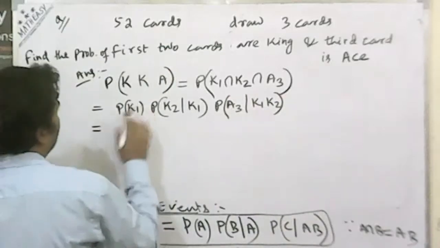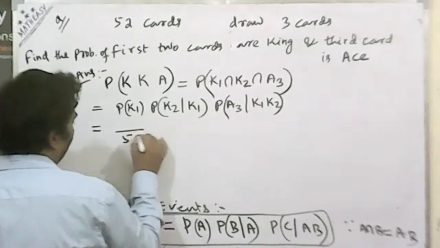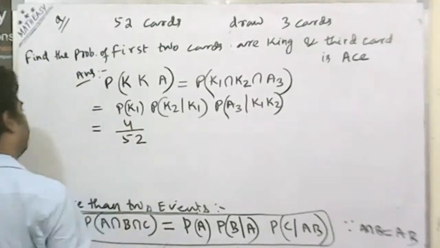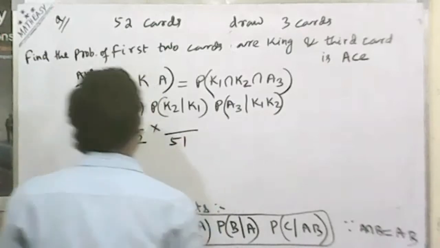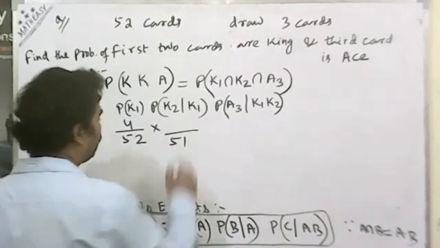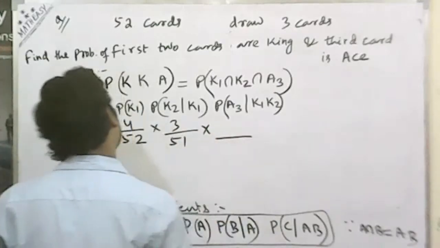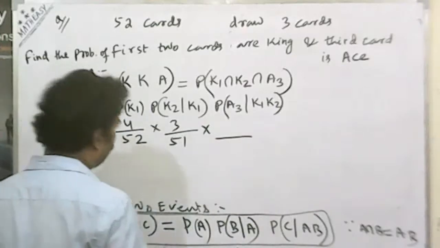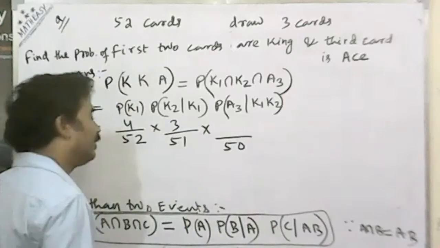It means the 4 kings are there, so that's why 4/52. And second, after 1 king draw, then remaining total card is 51, then total king is 3. After the 2 kings are drawn, remaining 50 cards are there.